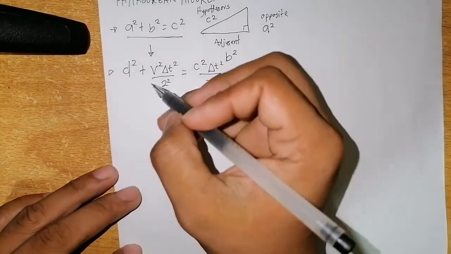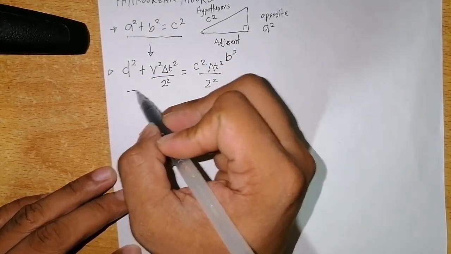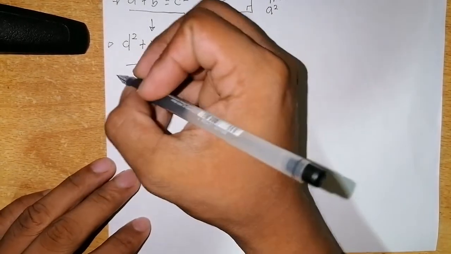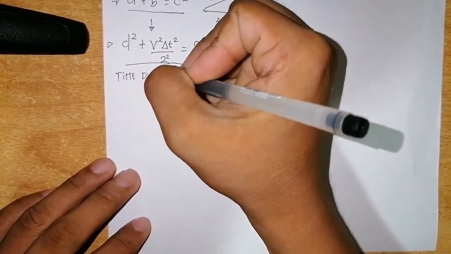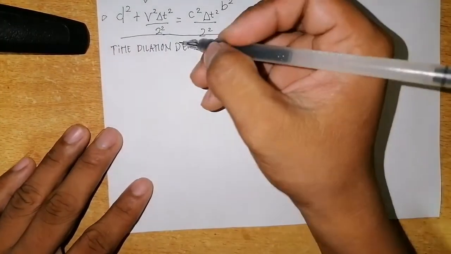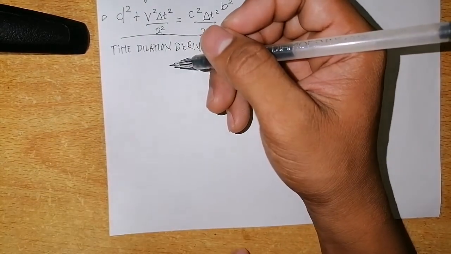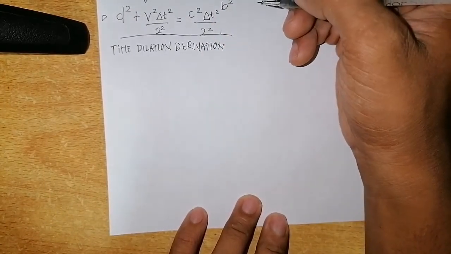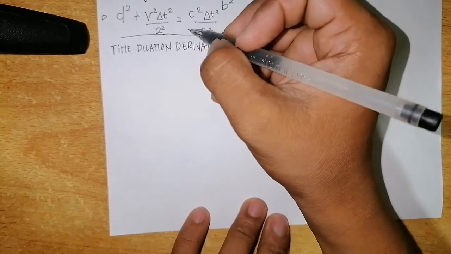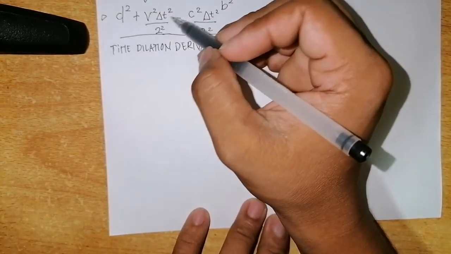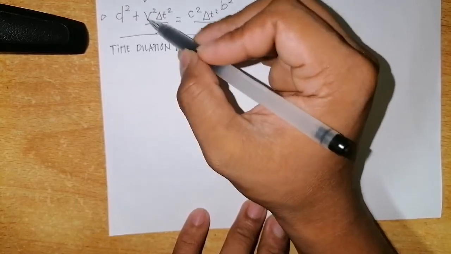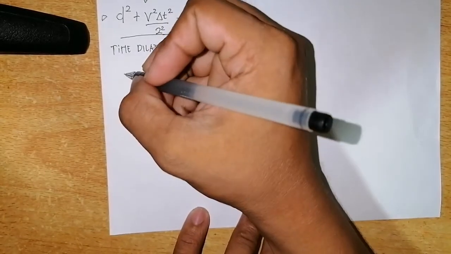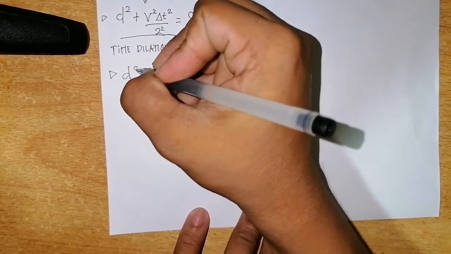And now that we have plugged in our equation, it is time to derive the time dilation formula. In deriving this formula, you only need to know the basic rules. First, we need to transpose the letter b towards the letter c. Then it looks like this: d squared.